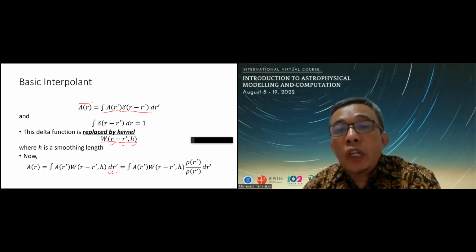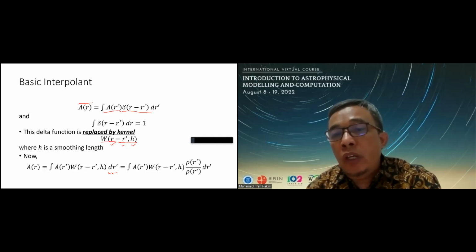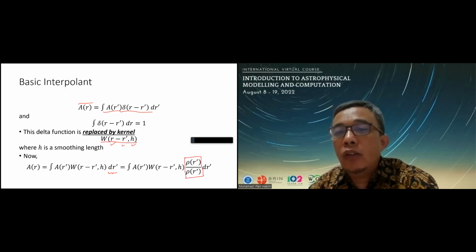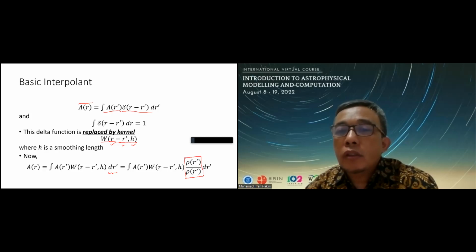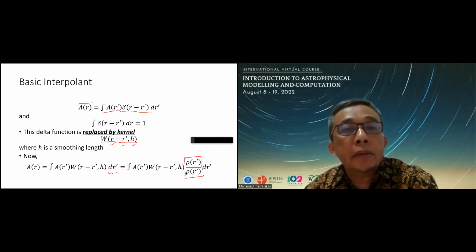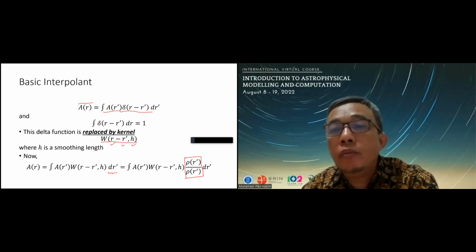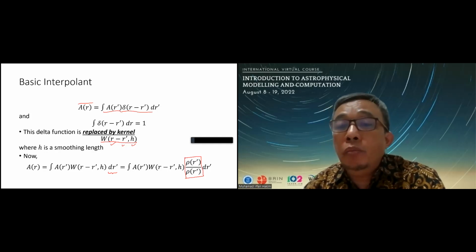But we can do a manipulation here. We put this fraction, this unity value, rho here on position r, contributing particle here.